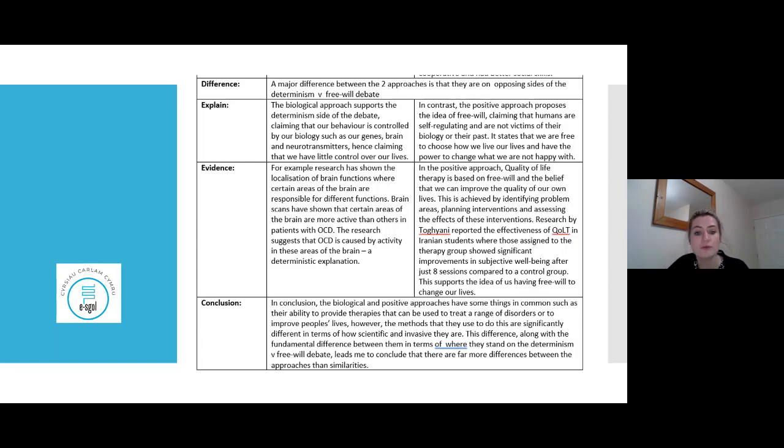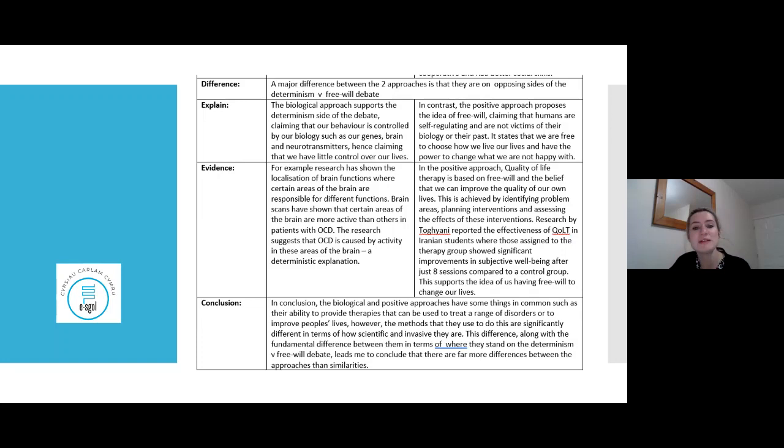This difference, along with the fundamental difference between them in terms of where they stand on the determinism versus free will debate, leads me to conclude that there are far more differences between the approaches than similarities. So they've really summed up their points, and they've said they're very different. They're way too different from each other, and they've come to a decision at the end.